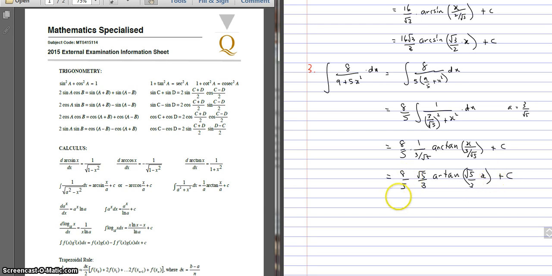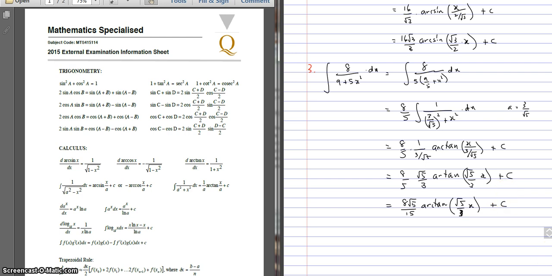We can combine that together: 8 root 5 over 15 times arctan root 5 over 3 x, plus c.